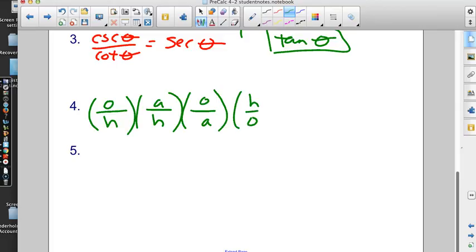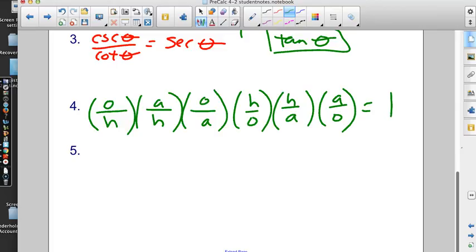And then flipping sine to get cosecant would be H over O. Flipping cosine to get secant would be H over A. And flipping tangent to get cotangent would be A over O. Do some canceling. What is it, everybody? It's 1. That's a pretty cool property right there. Multiply all of those 6 trig functions for any theta, and you'll get a 1.